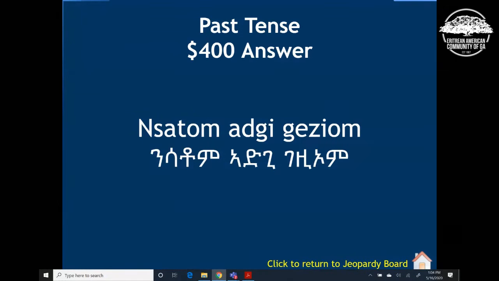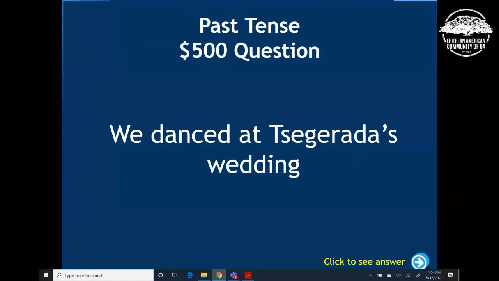Now for 500, we danced at Cigaretta's wedding. We danced at Cigaretta's wedding. Do you learn the possessive sentence? We danced. Nai, yeah. Possession. Nai.